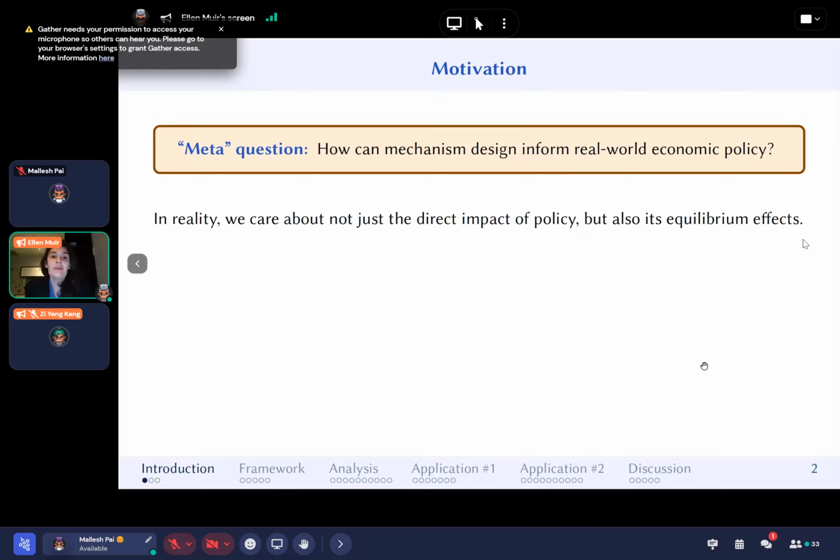In reality, we often care not just about the direct impact that a policy has in the market being designed, but also its equilibrium effects, and in particular the indirect effects it may have in other markets in the economy.